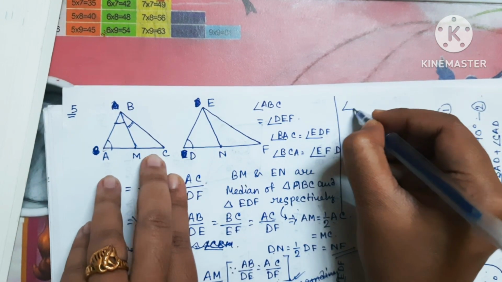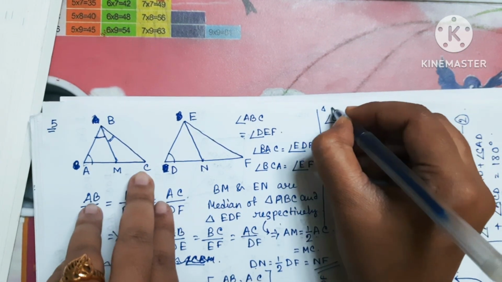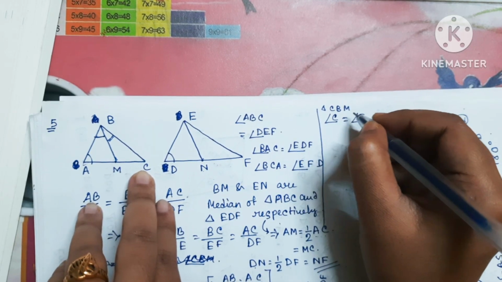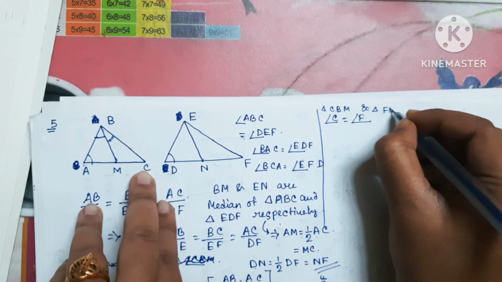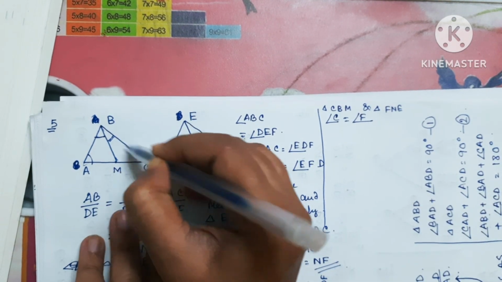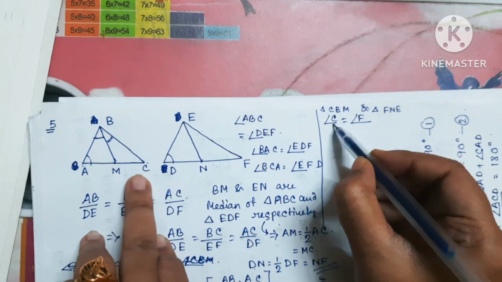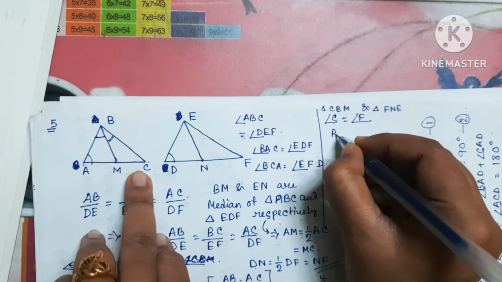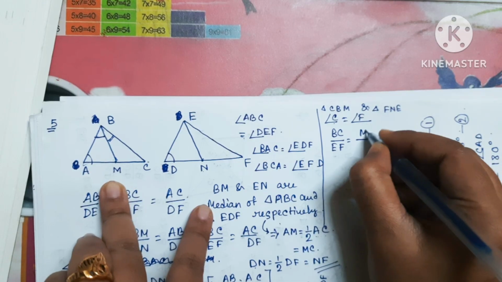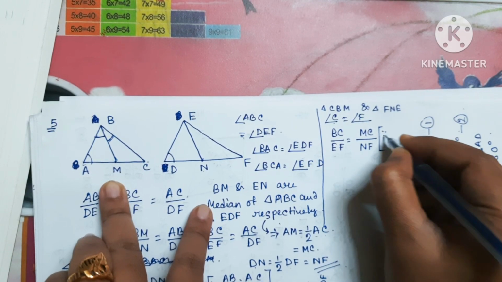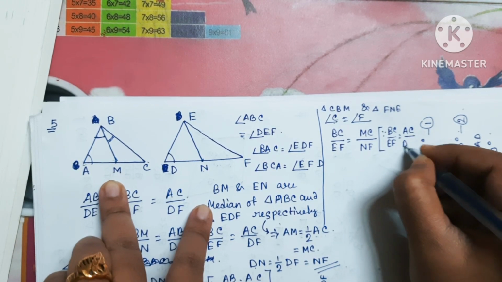Angle C is equal to angle F. In the case of triangle CBM, or CMB, whatever it may be, and triangle FNE, this one and that one, in these two triangles, angle C is equal to angle F, and BC by EF is equal to MC by NF. Why? Since BC by EF is equal to AC by DF.